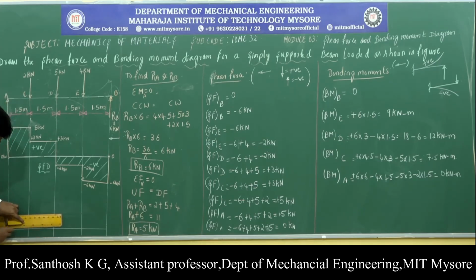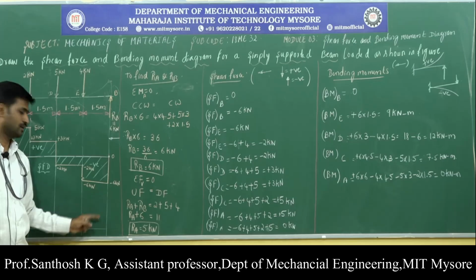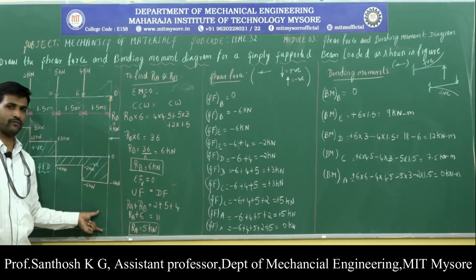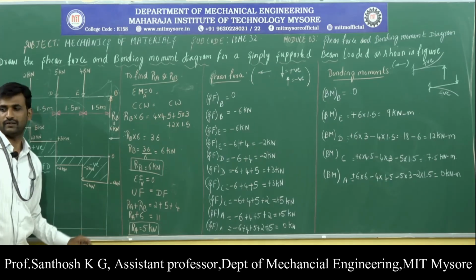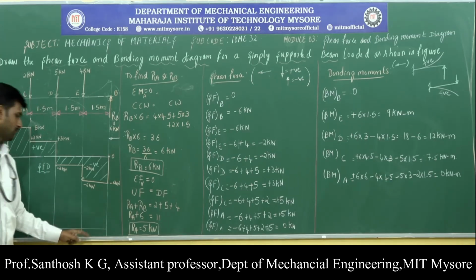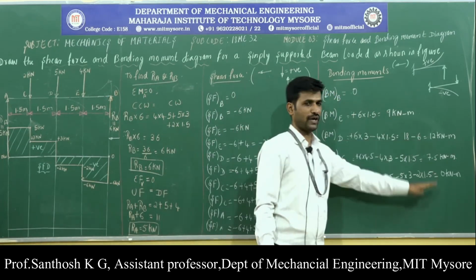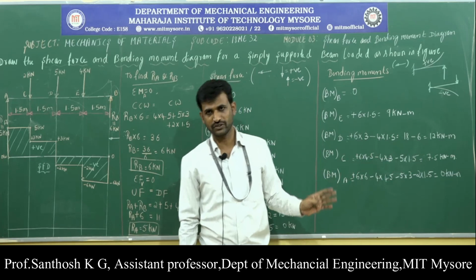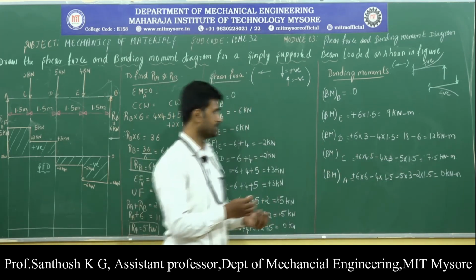With respect to this reference line, any value which is above the reference line will have a positive value, and if I write any point below the reference line, then it represents a negative value of the bending moment. But if you see all these values, all the values are positive, therefore we do not get any points below this reference line.